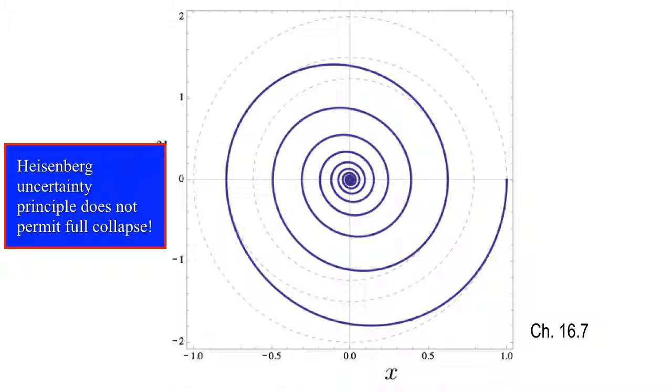And this is critically important in nuclear physics and also in astrophysics, because when a star goes into supernova, the core will collapse into a ball of iron. And if it's heavy enough, it'll continue to collapse. But eventually, the Heisenberg uncertainty principle will prevent it from getting smaller. And it'll stop.